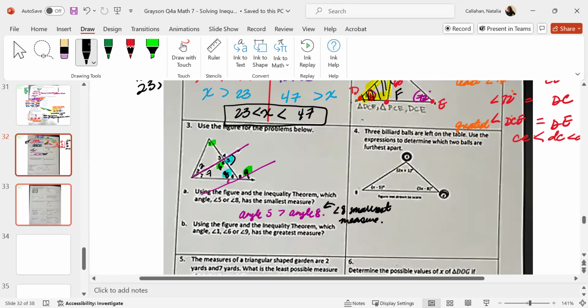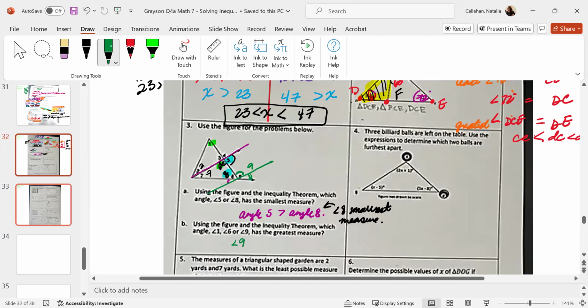Use that figure: which angle, 1, 6, or 9, has the biggest measure? I would say 9, because look at it. Do you see how 6 and 9, like this angle right here, and half of 9 right there, will be the same for alternate interior angles? But then 9 goes all the way over here, so you have an extra space.